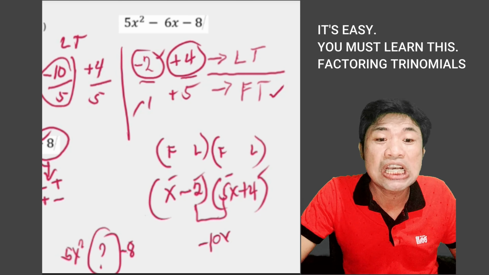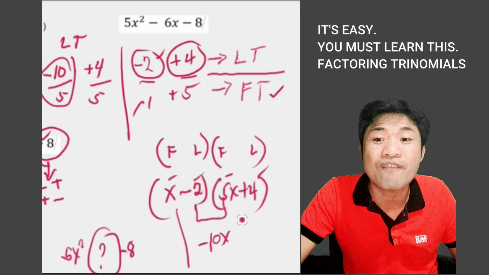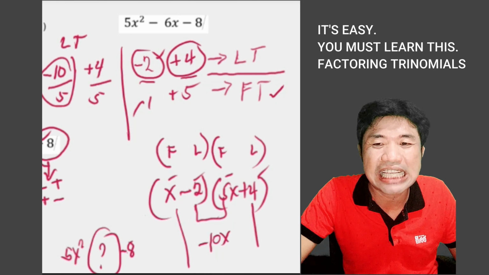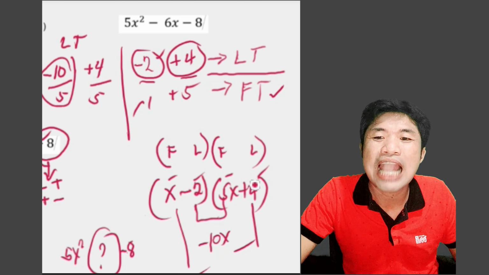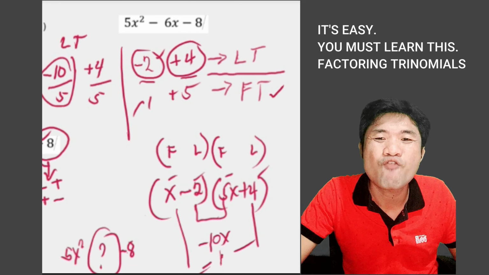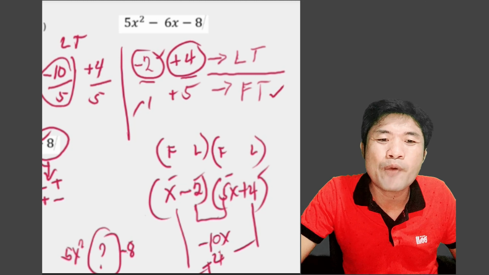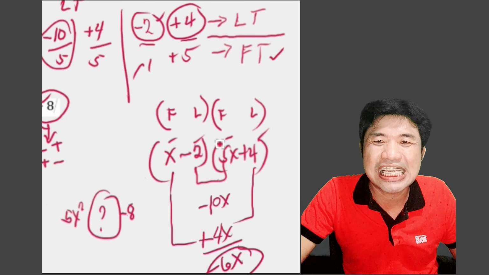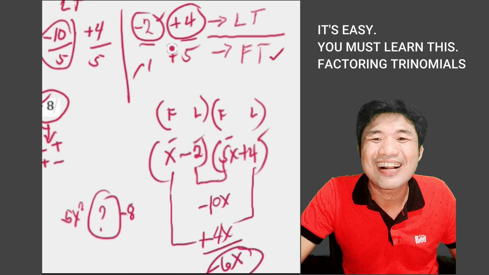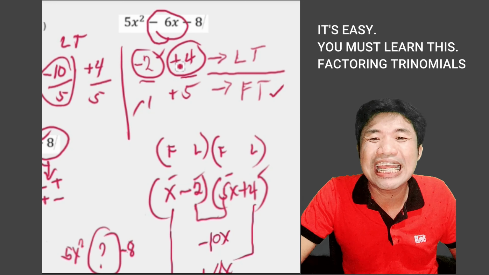And then, yung sa inner naman, negative 2 at saka 5x is negative 10x. Negative 10x at saka yung positive 4x. Different signs po, subtraction po yan. Ang resulta po is negative 6x. Tama po tayo. So, ganun lang po kadali yun.